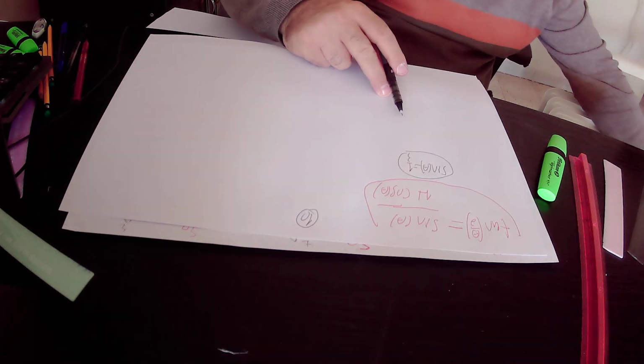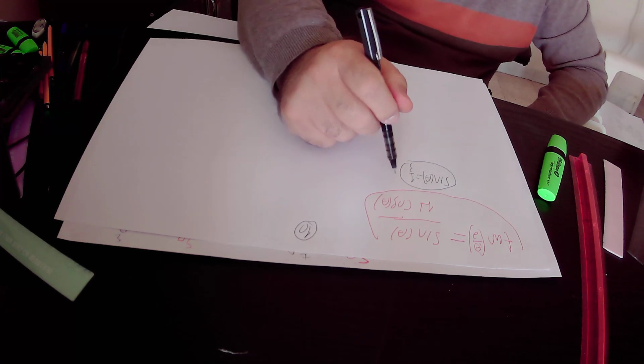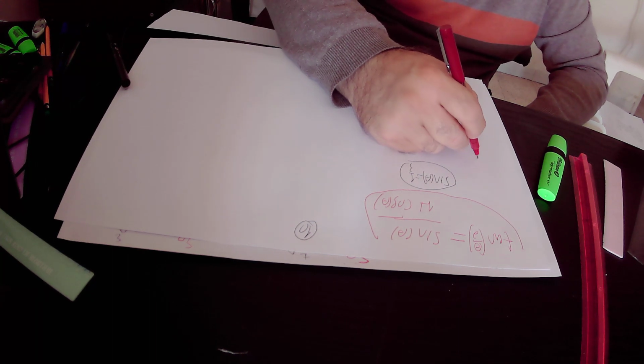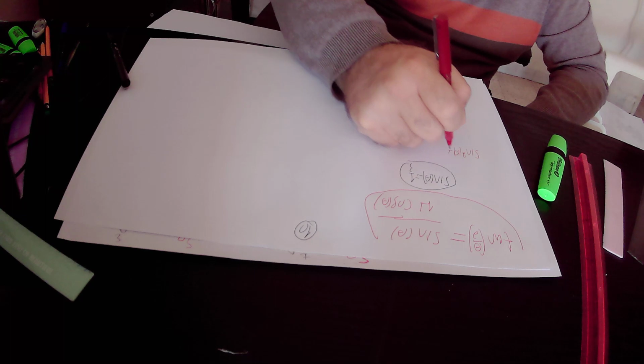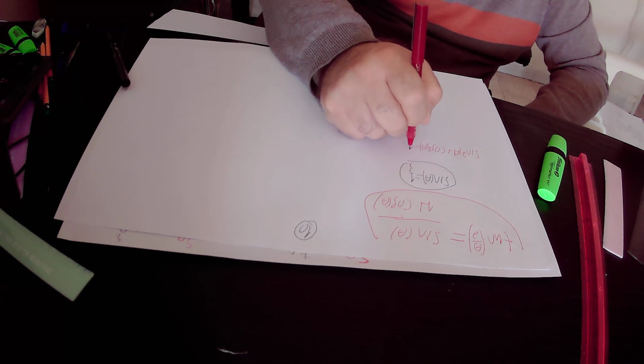Okay, so we start with the trigonometric identity that states that sine square theta plus cosine square theta is equal to 1.